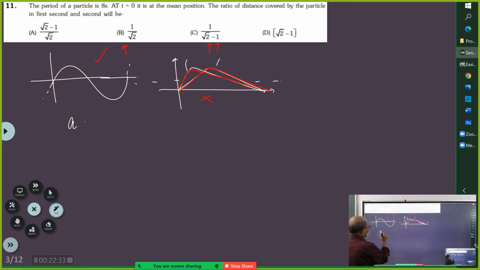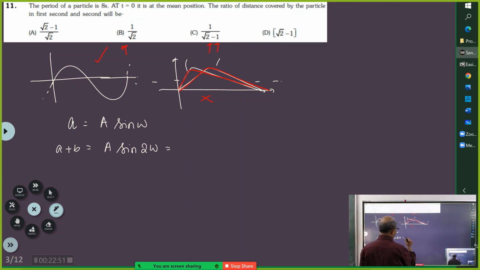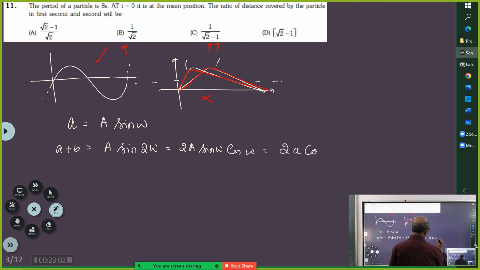Okay, so going by this, I think it is an extension of the previous problem. So it was A in the rest position, equal to the mean position. So we are going to write A sin omega, and A plus B, we are going to write A sin of 2 omega. The same thing we did there. So this becomes 2A sin omega cos omega, and A sin omega we are going to write as 2A cos omega.